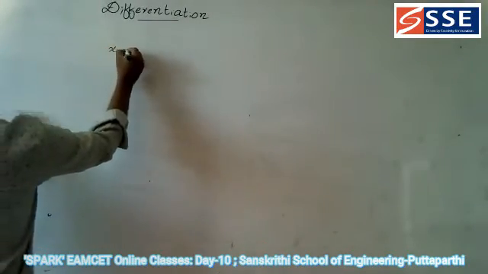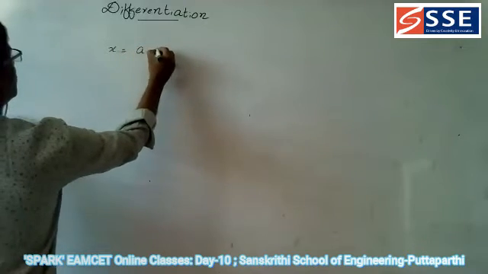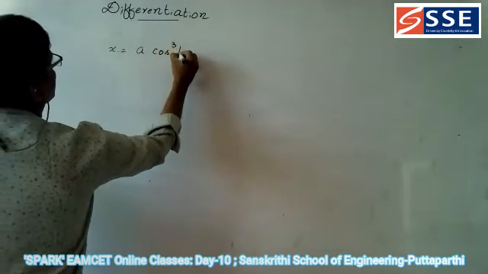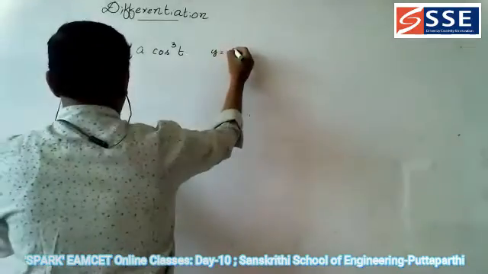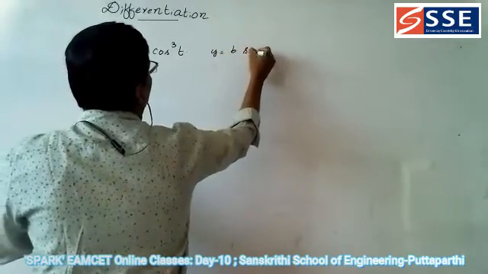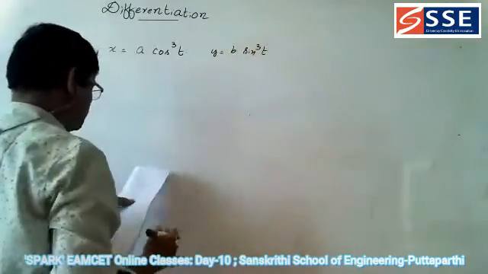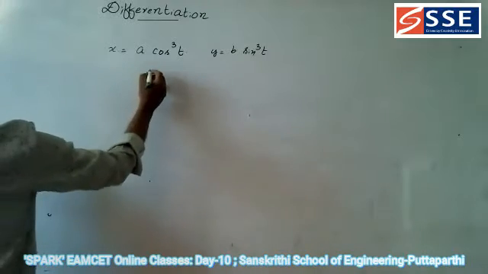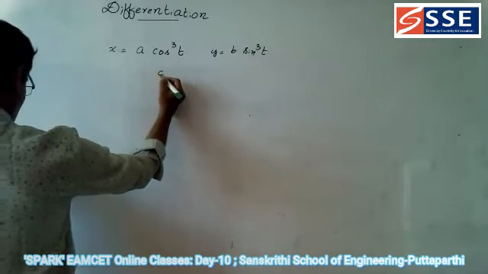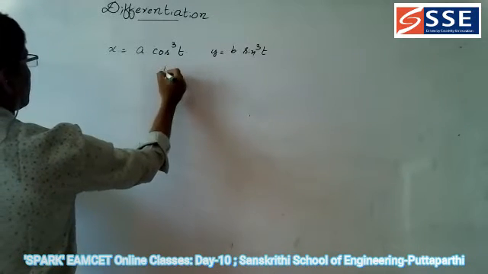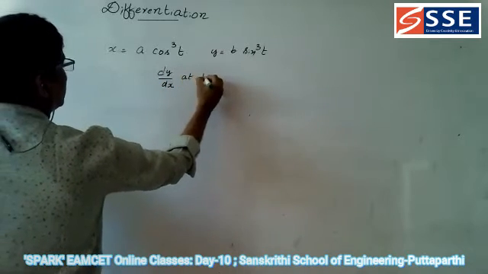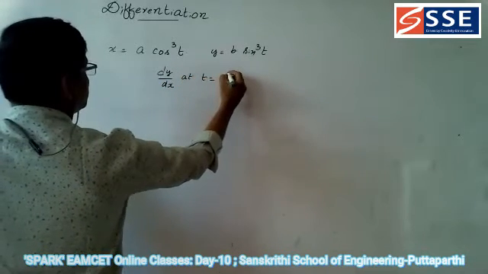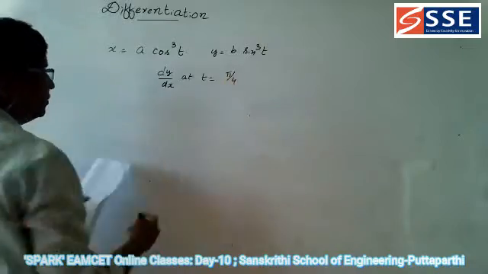If x is equal to a into cos cubed t, and y is equal to b into sin cubed t, then find dy by dx at t is equal to 3 pi by 4.